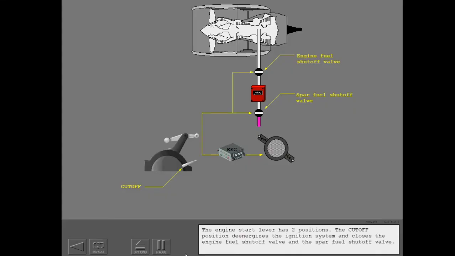The engine start lever has two positions. The cutoff position de-energizes the ignition system and closes the engine fuel shutoff valve and the spar fuel shutoff valve.